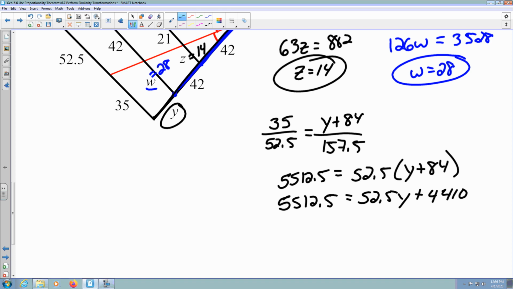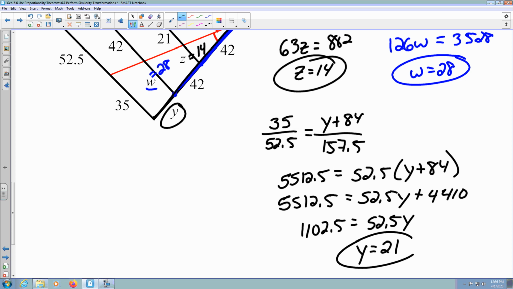Subtract that 4,410, so 5,512.5 minus 4,410, I get 1,102.5, and that's going to be set equal to 52.5y. Divide 52.5 into everything. Y equals 21.